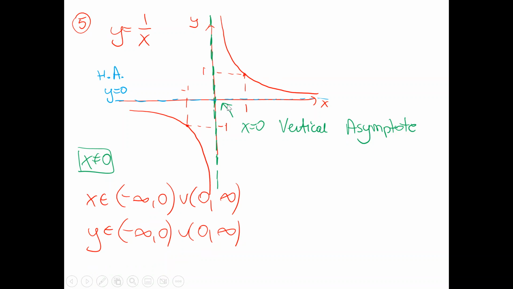If we think about this hyperbola in the first and third quadrants together, we may say we have discontinuity, because the vertical asymptote is creating discontinuity.